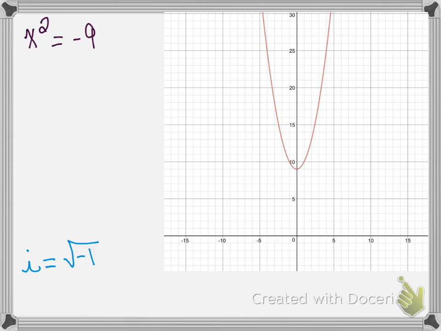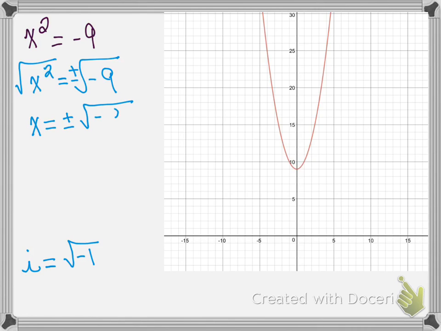So in this problem right here, I have x squared equals negative 9. I'm going to take the square root of both sides, and don't forget our plus or minus there. And so I'm left with x equals plus or minus the square root of negative 9. Because of the properties of i, and i is a number, it's always the square root of negative 1, I'm allowed to break this up into negative 1 times 9.